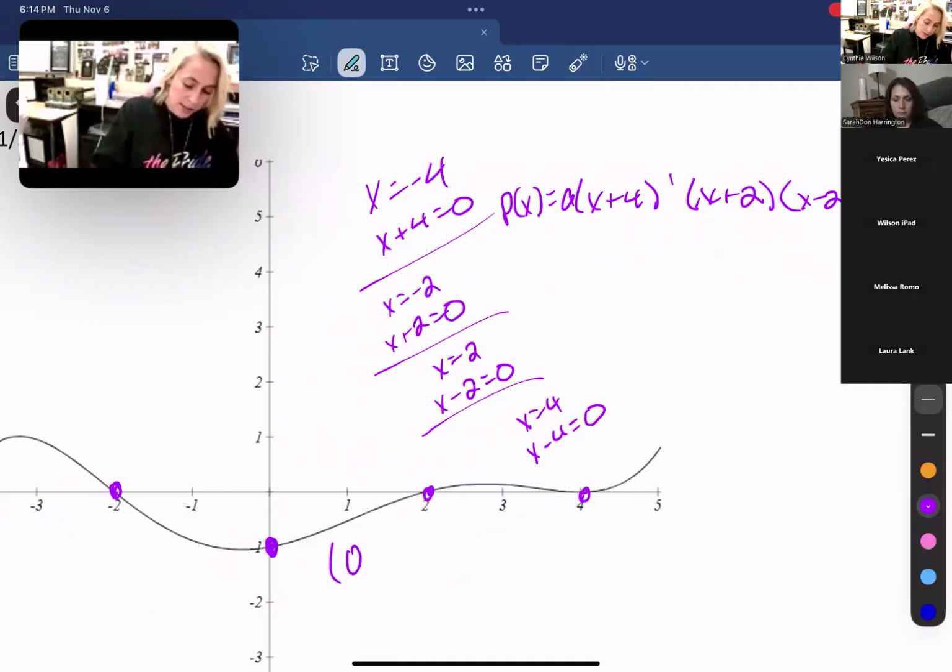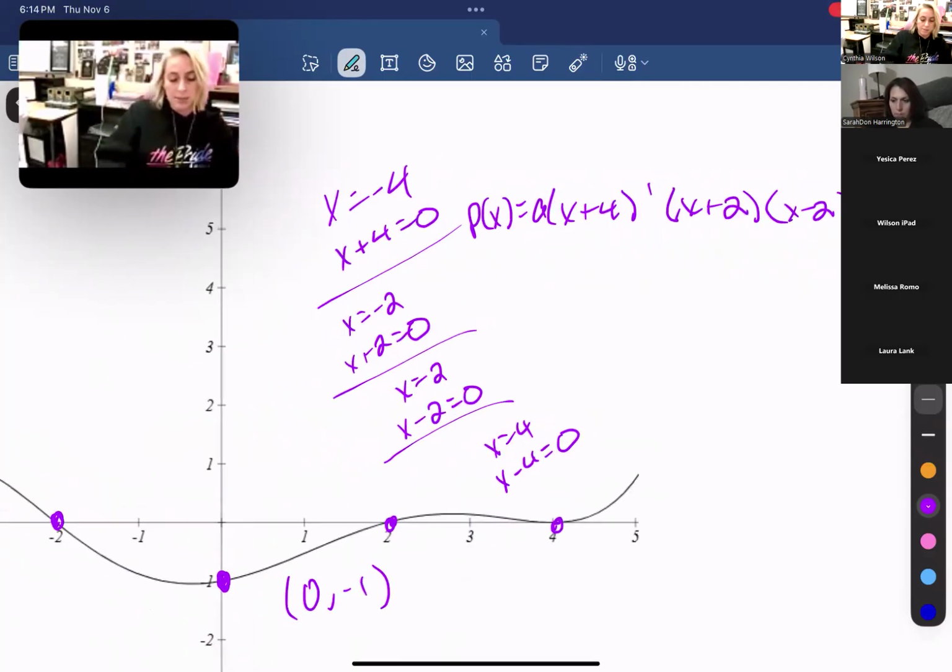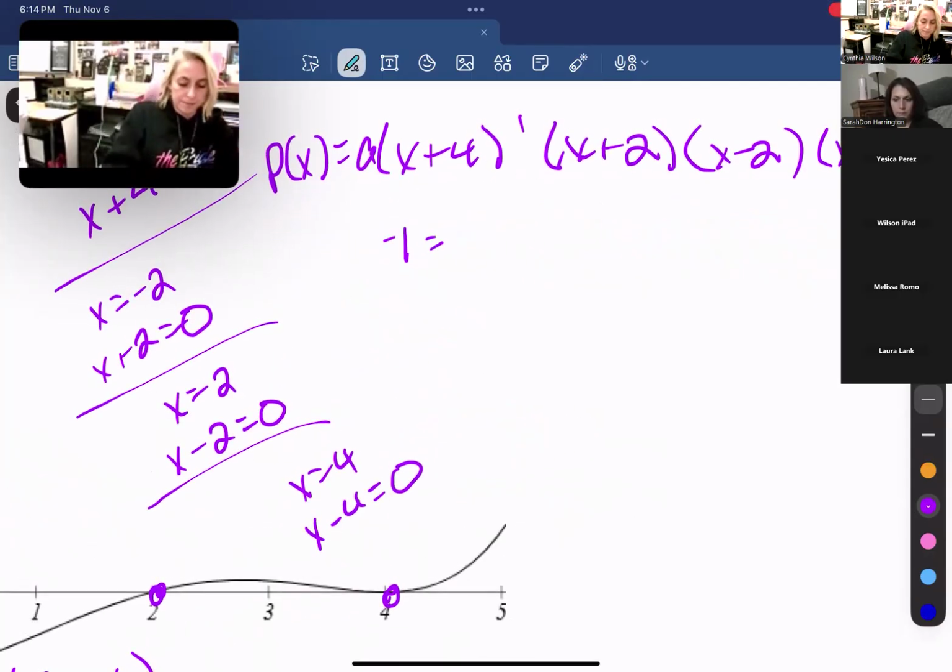So that is a 0 and a negative 1. So it gives me that x, gives me that y. We can take that and plug it in and solve for a.